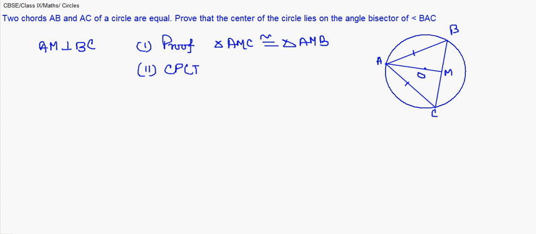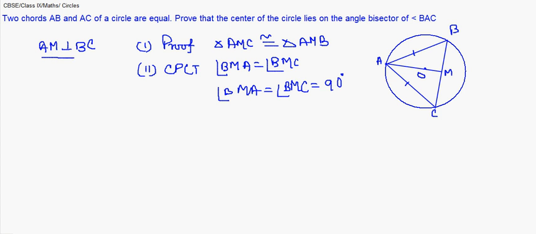You can say that angle BMA is equal to angle BMC, thereby taking these two angles a linear pair, you can go on to prove that angle BMA is equal to angle BMC because they are 90 degrees. Now this is what we have already proved. Okay, AM is perpendicular to BC.